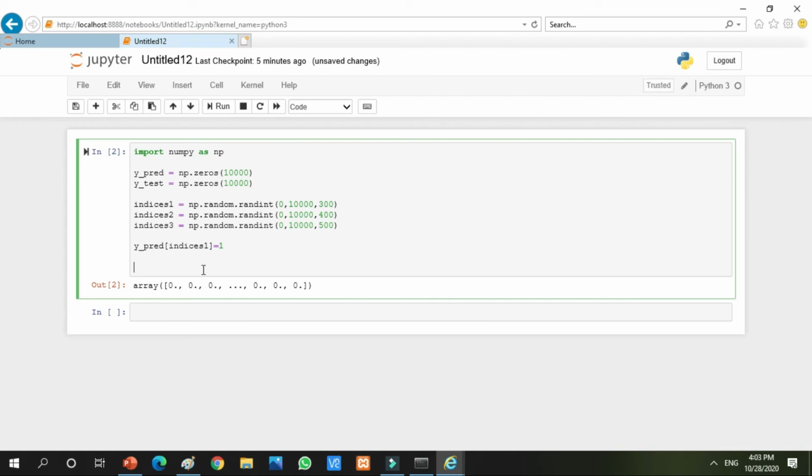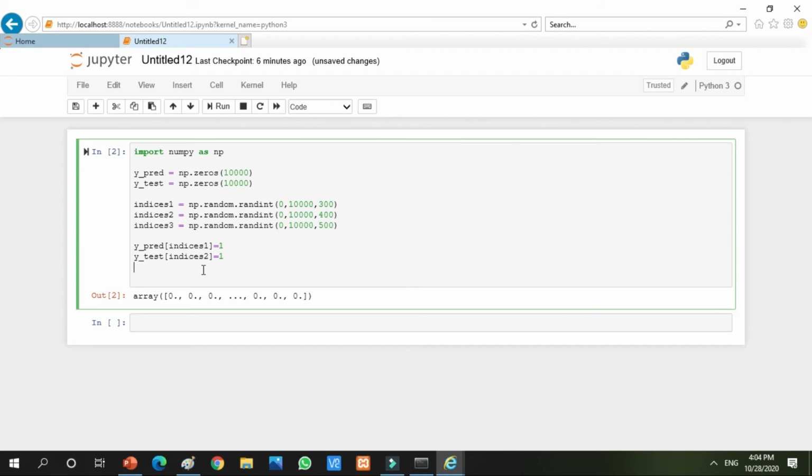So I am repeating the same thing for other variables as well. Y test indices 2 equals 1, and again y prediction indices 3 equals 1.